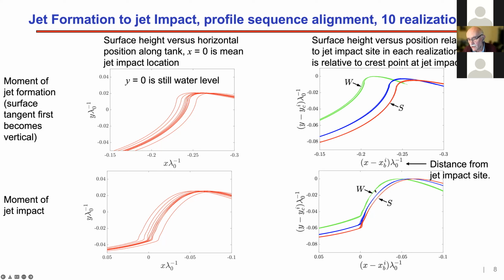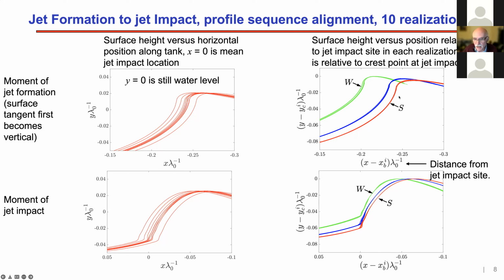Again, the weak breaker is the green and the strong breaker is the red. If you take this alignment and maintain it for all the profiles and go backward in time to the moment of jet formation, then you can see the set of red profiles here becomes this one, which is collapsed well, but not quite as good as it was at the moment of jet impact.